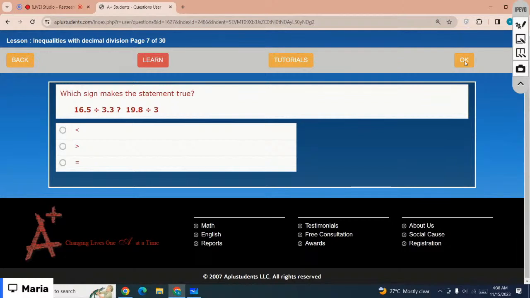So 5 is less than 6.6. The correct option is less. Yes, it is less. Very good.